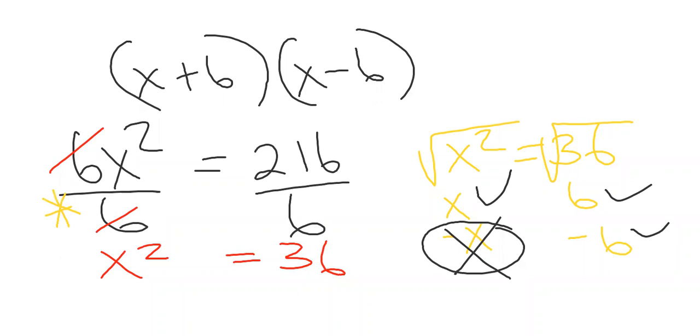So the last step, you have to multiply your answer by that 6. So you multiply the final answer that you get by the number that you were dividing with.